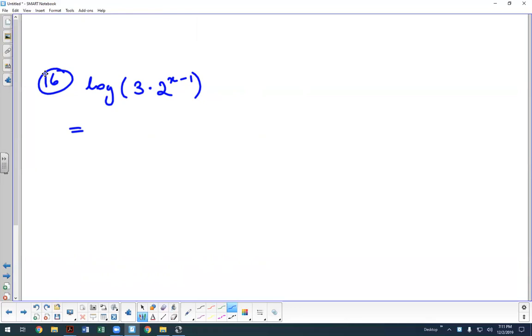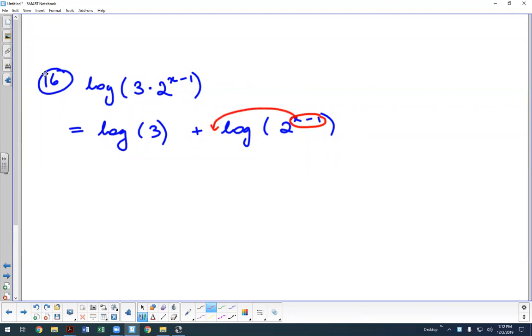Okay. So very similar to what you did with number 15. Start out with the product rule again. So you should have log of 3 plus log of 2 to the power of x minus 1. And then what can we do next? Yeah, take your exponent, that whole x minus 1, and bring it in front of its own logarithm.